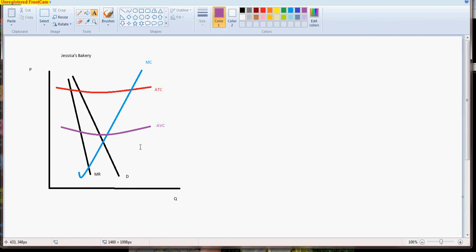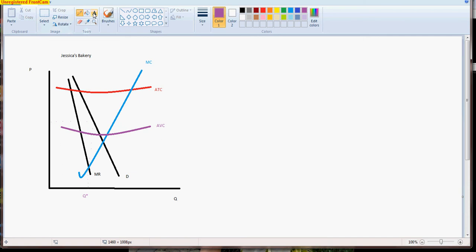So just like the other price taker graph, we have to always find where MR is equal to MC, where they meet. So right in this area, we'll go down and we'll find Q star. And we'll label that point. And then from Q star, you have to go up and find where it meets the demand curve, where the price is. So we have to find that per unit cost. So we'll go up to the demand curve and then over to the left.